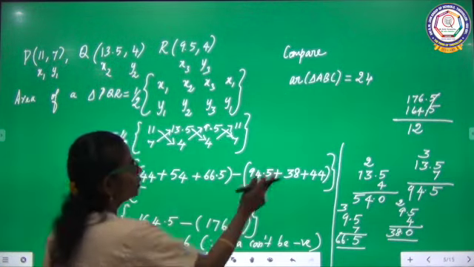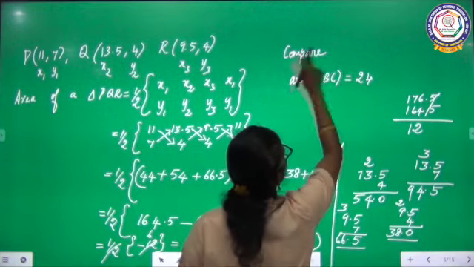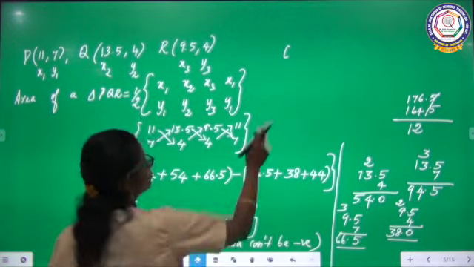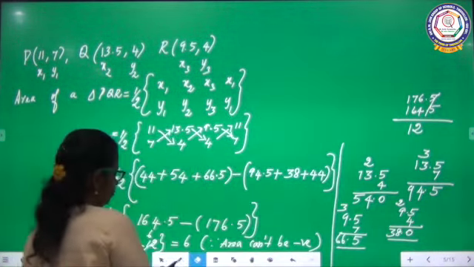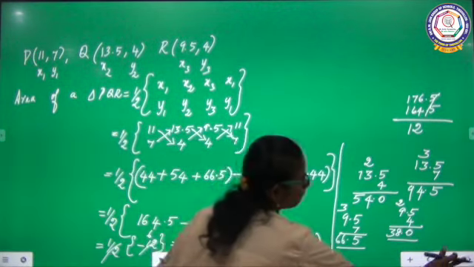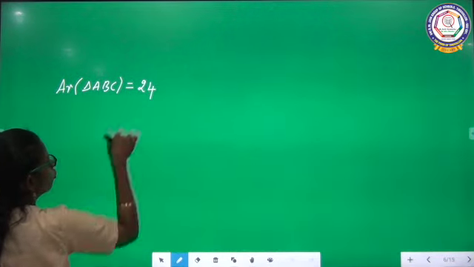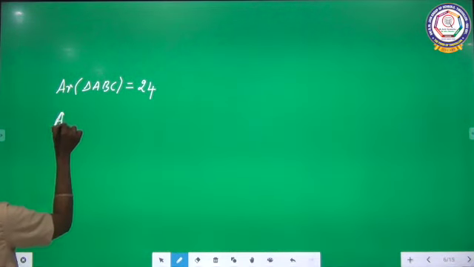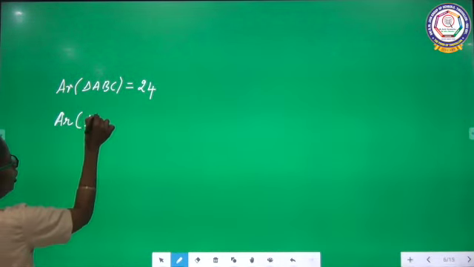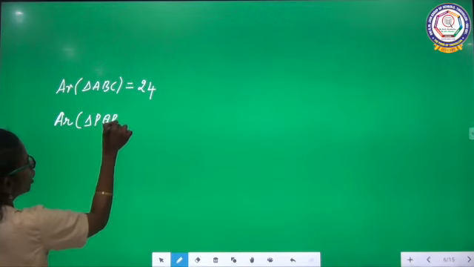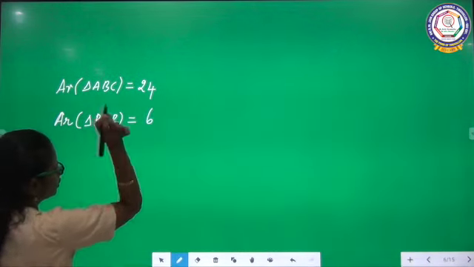Better I write it in there. Next. We arrived area of a triangle ABC equal to 24. Then area of a triangle PQR equal to 6.